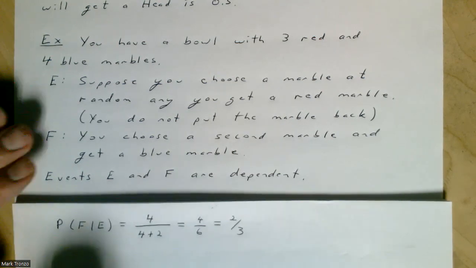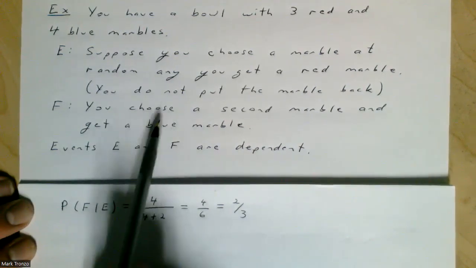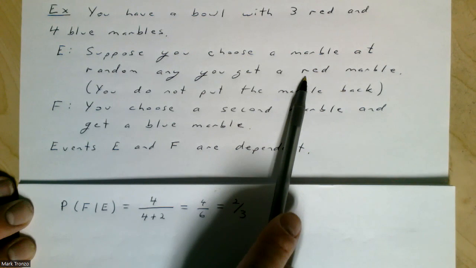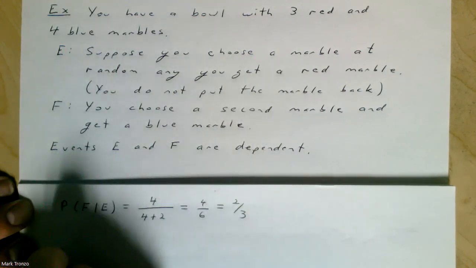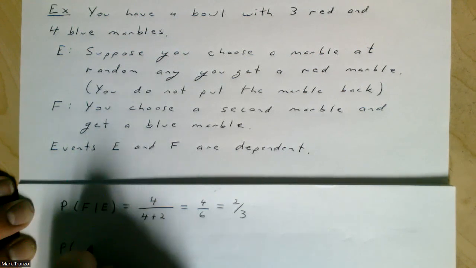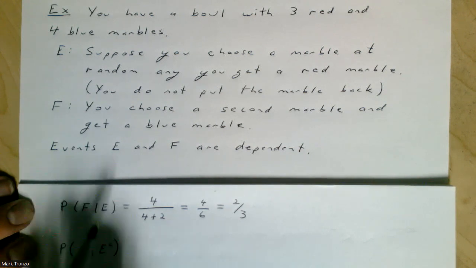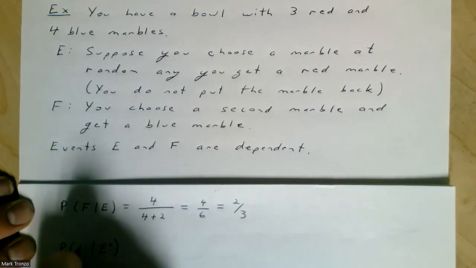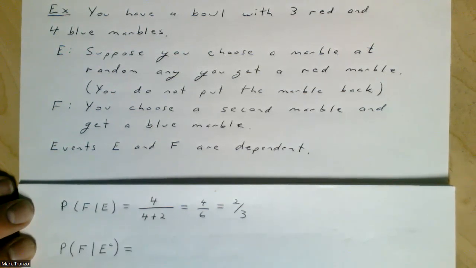Now let's calculate the other way. Suppose you did not get a red marble on the first try. So suppose you got a blue marble on the first try. So that would be the case where you did not get a red marble. Let's call that E complement. And so the probability of event F occurring, given that E complement has occurred.